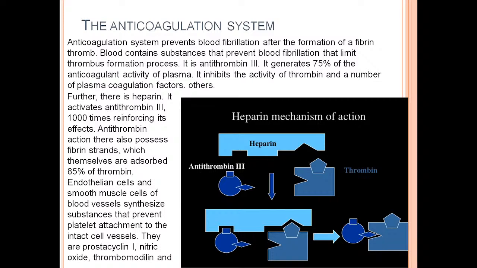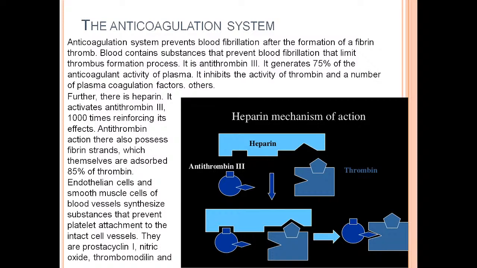The anticoagulation system prevents blood coagulation and disrupts blood coagulation factors. This system includes heparin, antithrombin, antiplasmin, and others. At low concentration of thrombin in the blood, it is inactivated by antithrombins and plasma heparin, and by absorption by cells of the mononuclear phagocytic system.